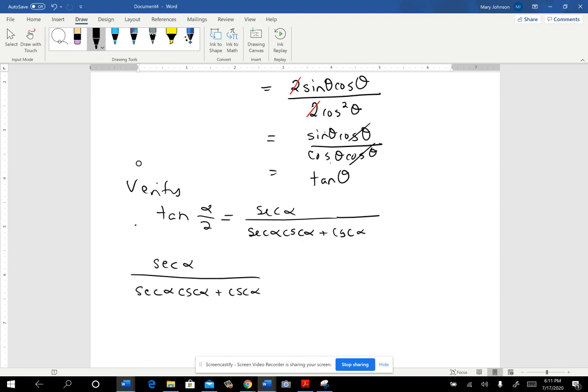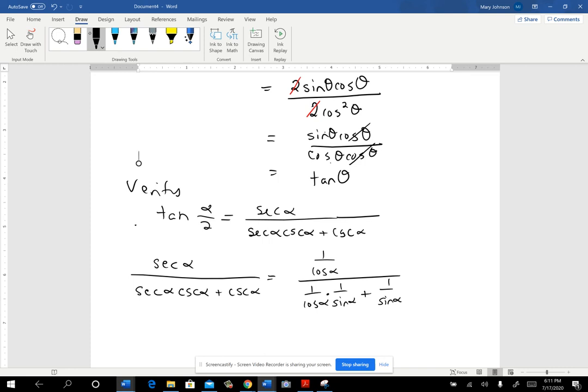That might help. That's probably the most straightforward thing. So this would be 1 over cosine alpha. This would be 1 over cosine alpha. This would be 1 over sine alpha plus 1 over sine alpha.